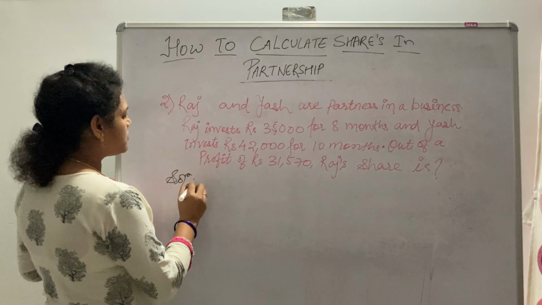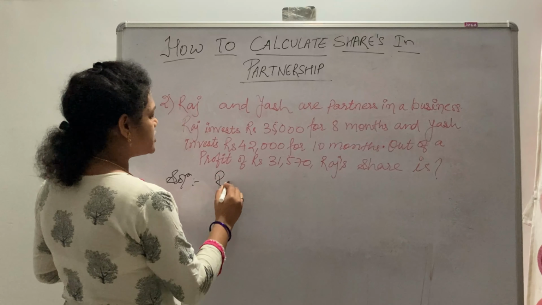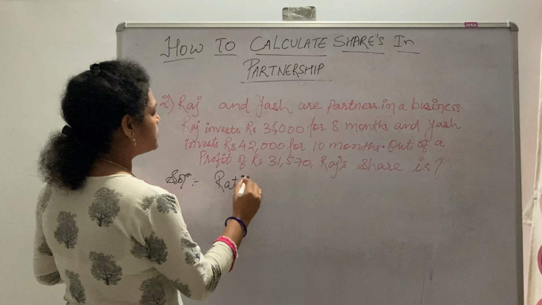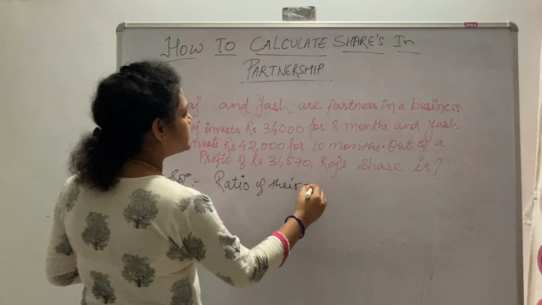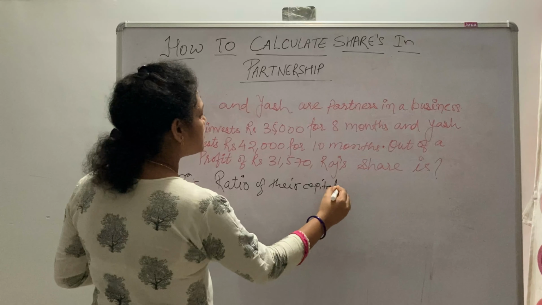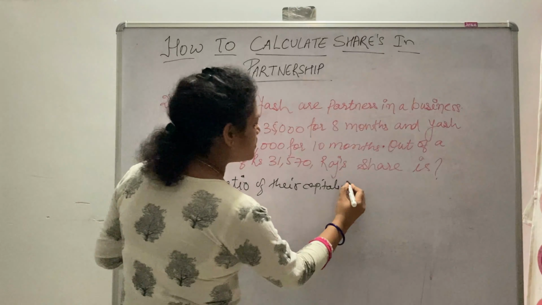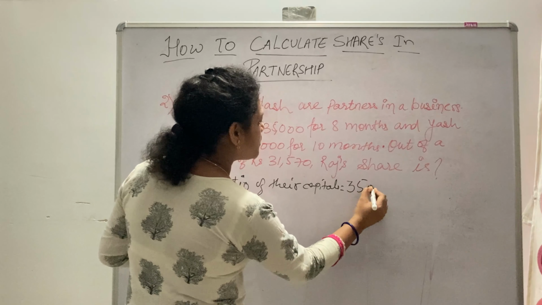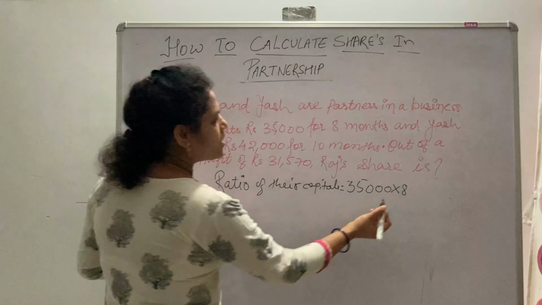Solution: first we have to write the ratio of their capitals. What is that? 35,000 for 8 months, right?